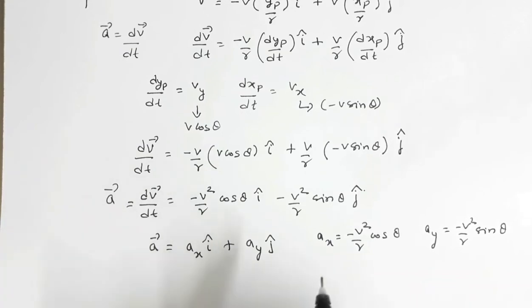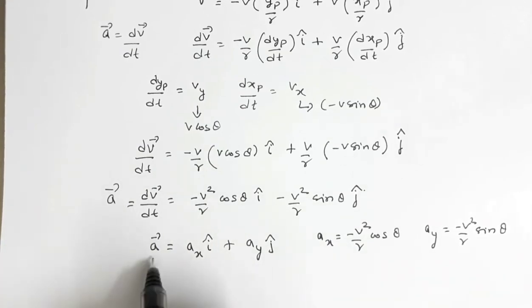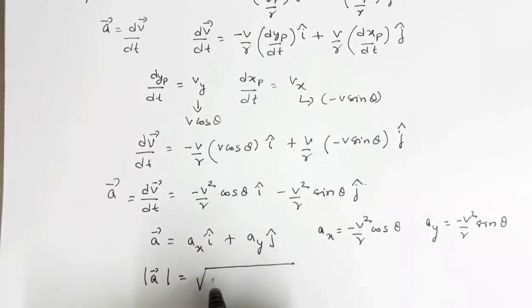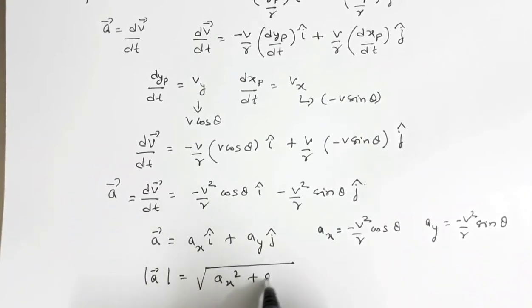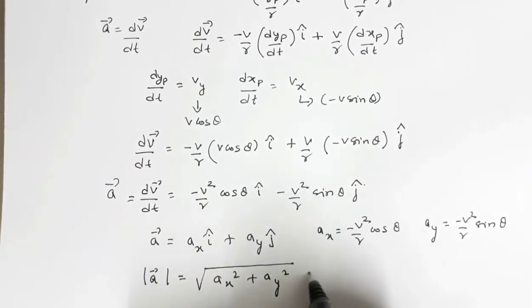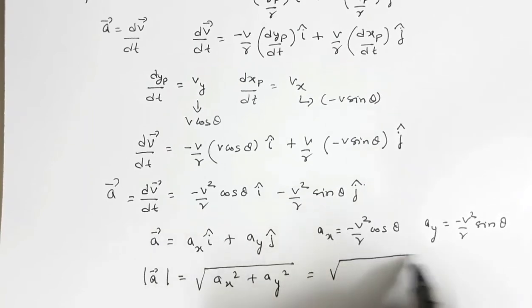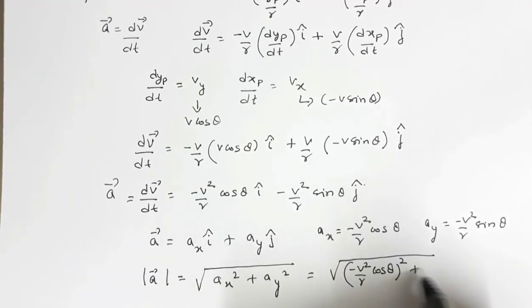What is the magnitude of acceleration then? The magnitude is the square root of ax square plus ay square, which is the square root of (minus v square by r cos theta) square plus (minus v square by r sin theta) square. Now cos square theta plus sin square theta is equal to 1.